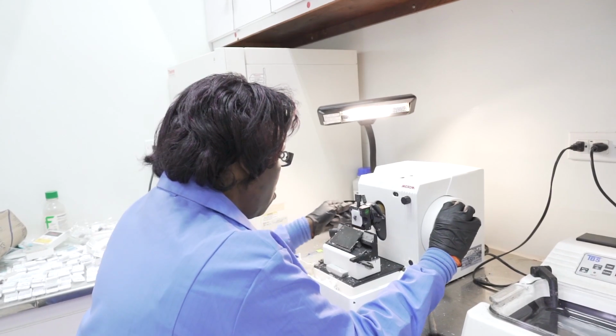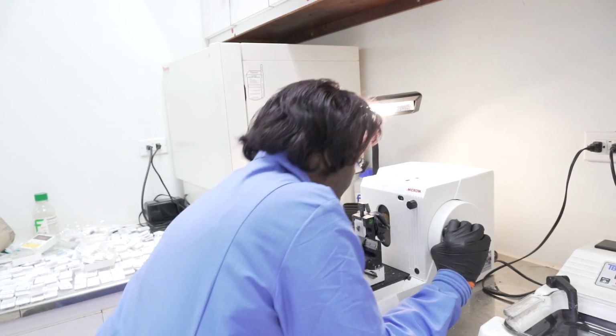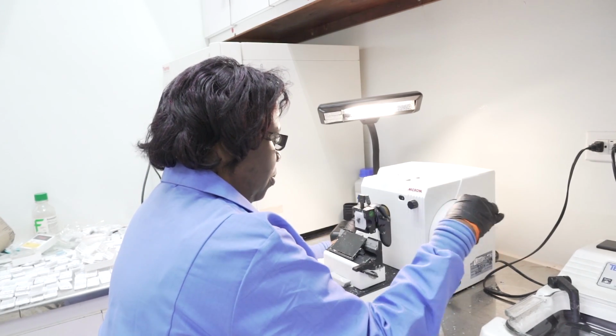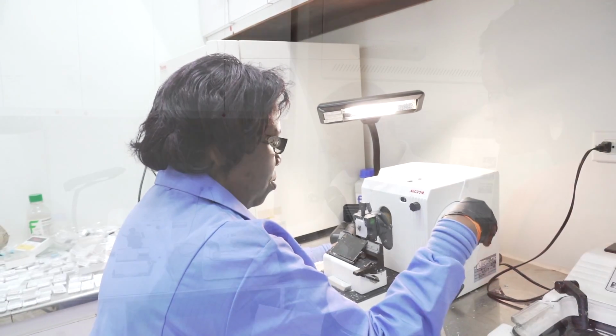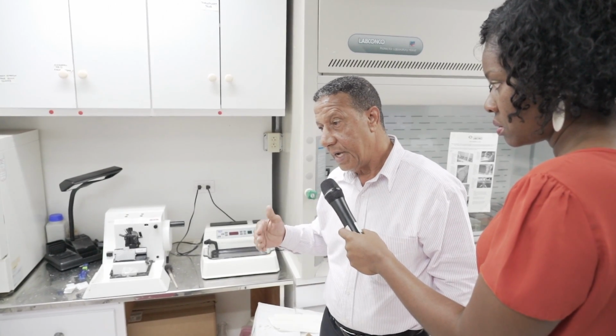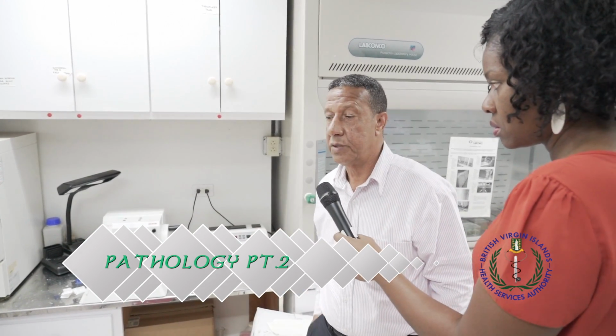This is the microtome where the tissue in the wax block goes for cutting. You have to cut it very thin to be able to put it on the slide, and then to be stained and viewed under the microscope.